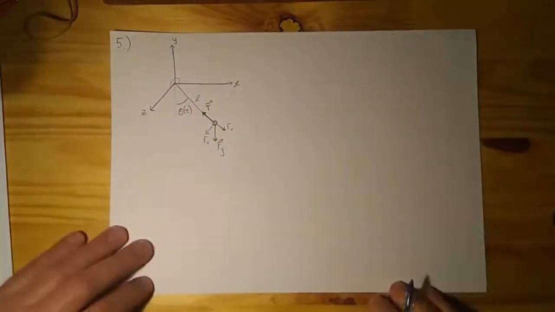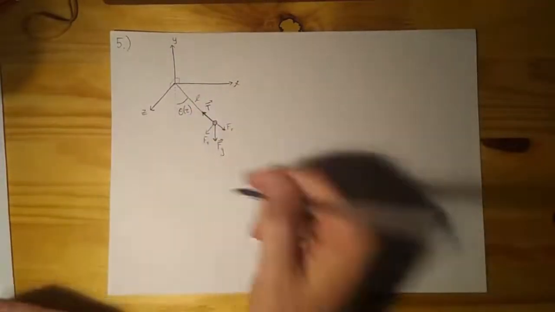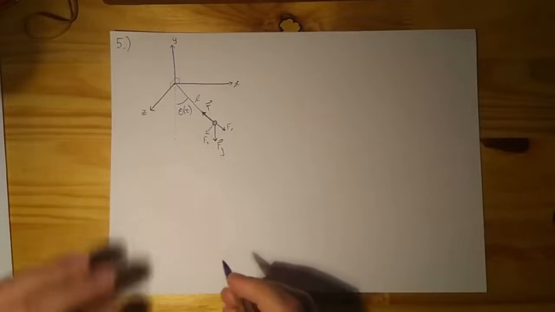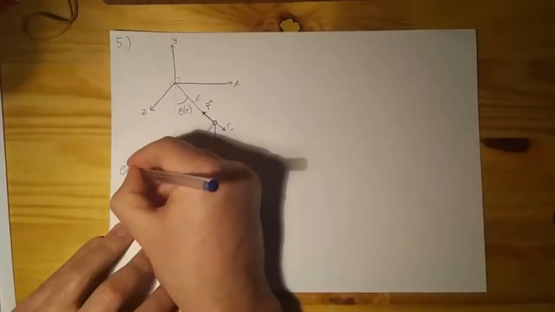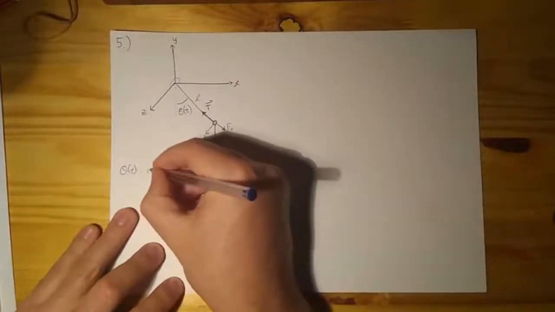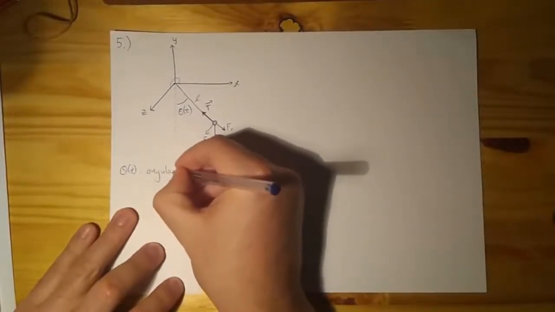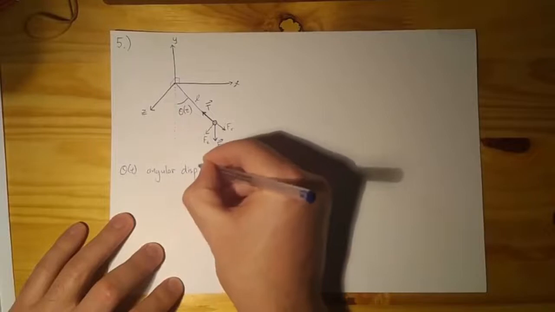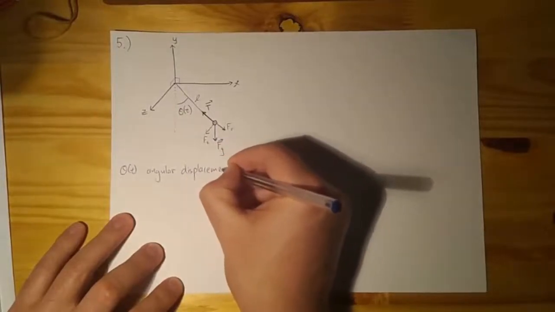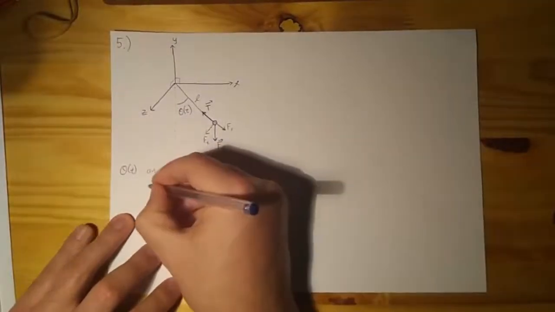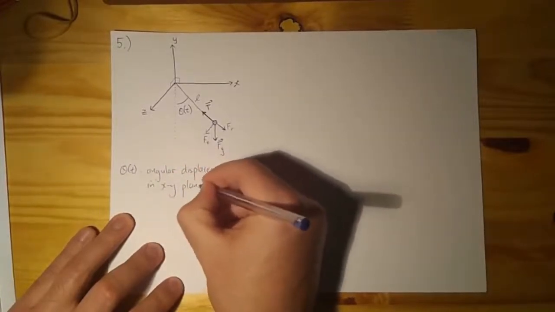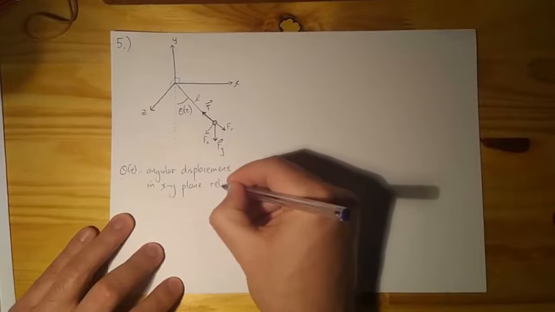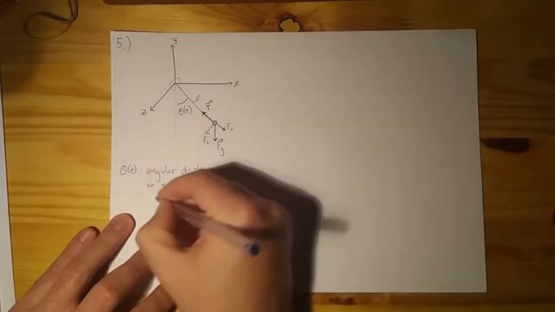Good. Now we introduced a bunch of terms here, so let's name them, make it clear what everything is. So theta t is now the angular displacement in the xy plane relative to the negative y-axis.